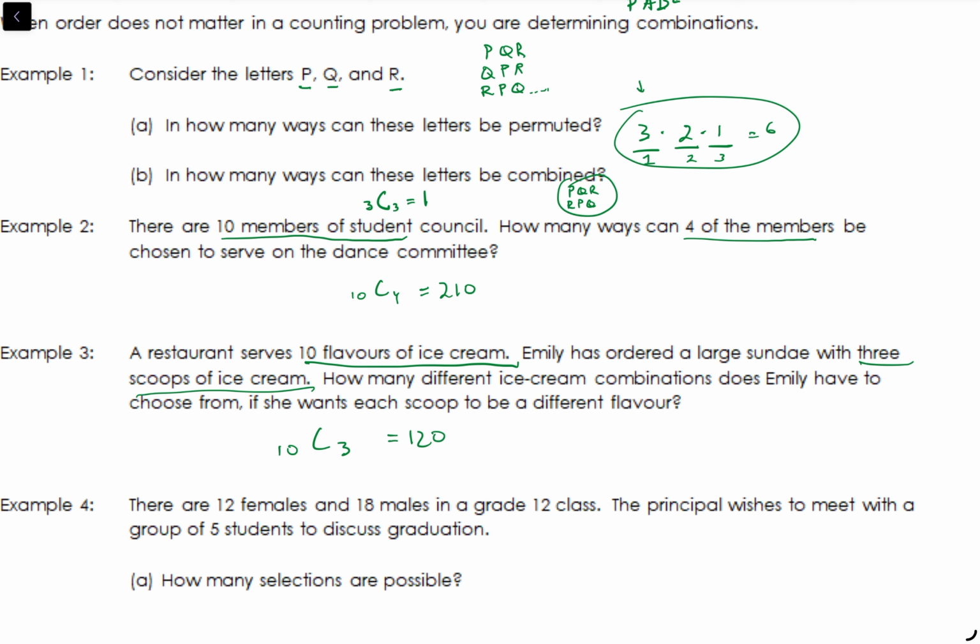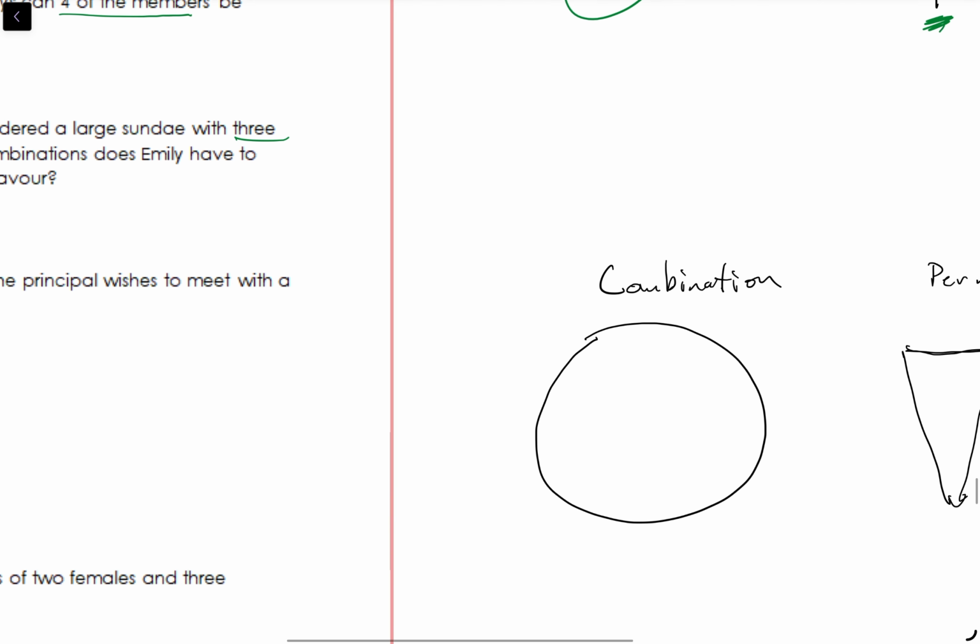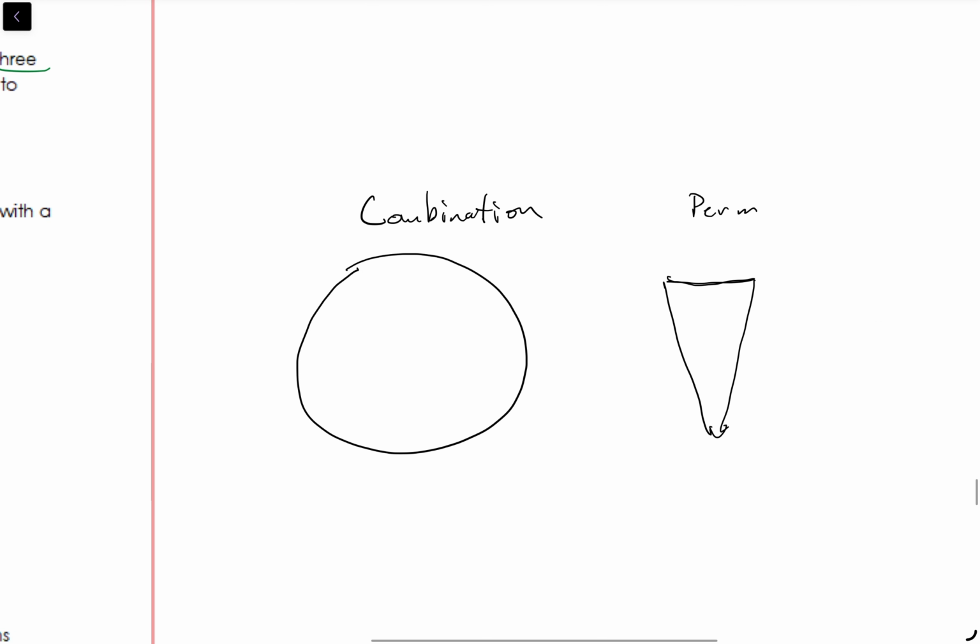Since we're talking about ice cream, let's talk about a combination. This is a plate of ice cream, and I'm going to have flavors of banana, lime, and blueberry.